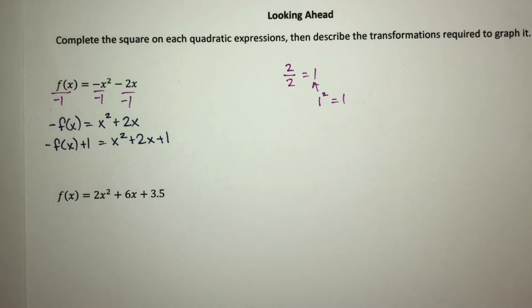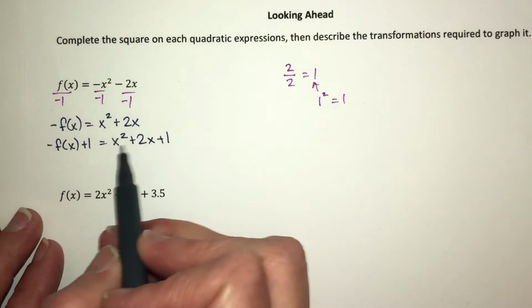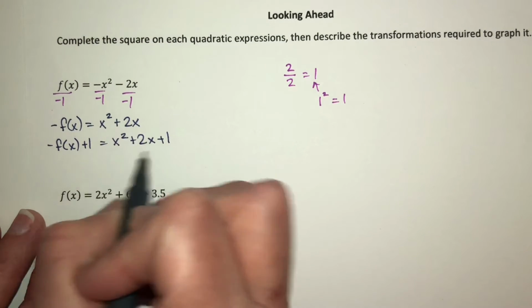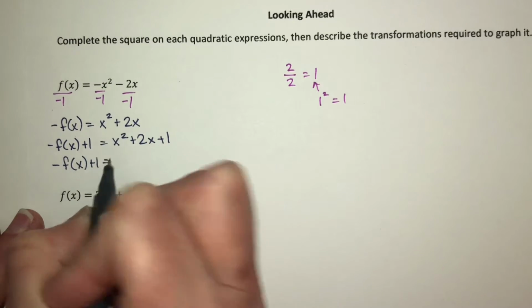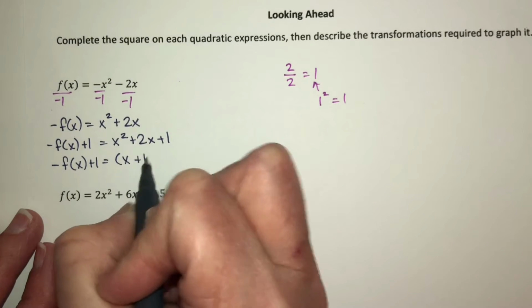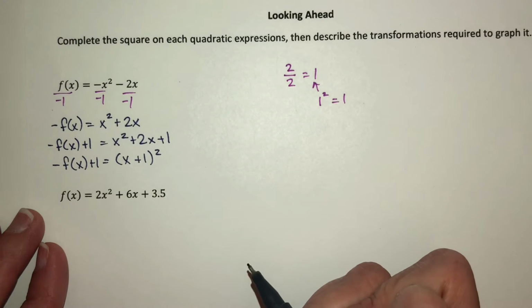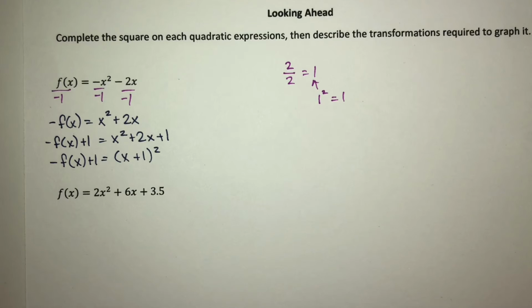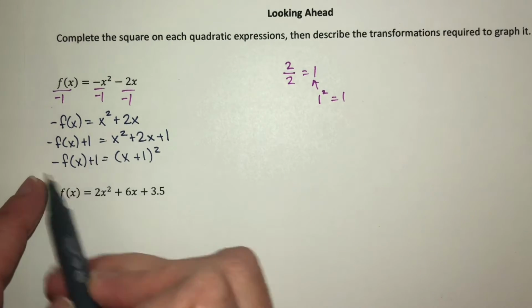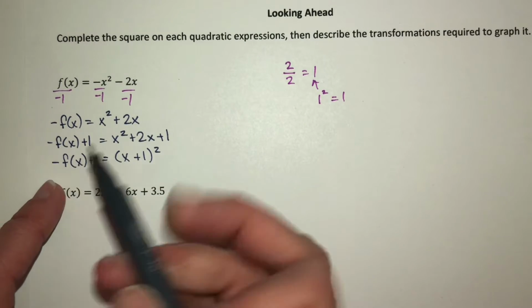Now, if we've done this correctly, this should be a perfect square trinomial, and we can factor it as x plus 1 squared. So already now we have something that looks a little bit more familiar, and all I have to do now is the algebra to get f of x by itself.